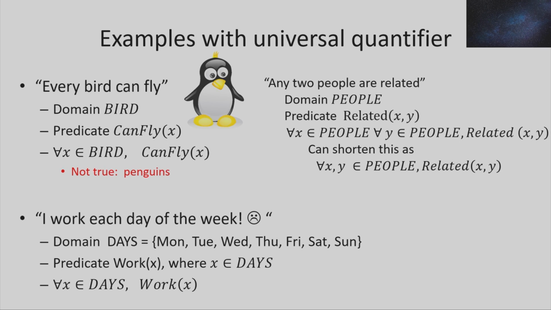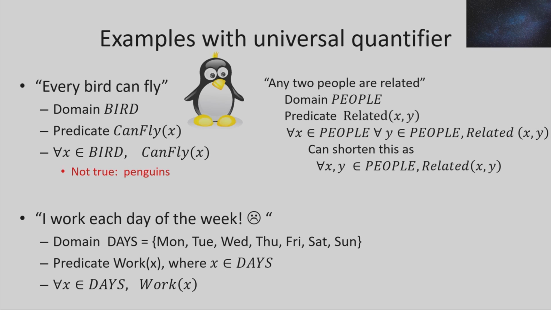We will call the first one x and the second one y. Now we could replace x with the name of one person and replace y with the name of a different person. So now we could write a bigger looking formula: for every x from the domain of people, and for every y from the domain of people, related x y is true.